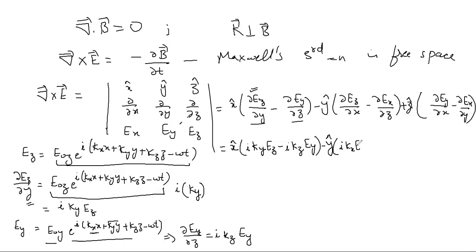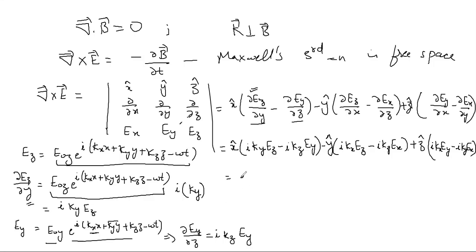Ez you are differentiating, you will get Ez as it is, and similarly here you will get iota kz and then Ex would come as it is, plus z unit vector, and then here with respect to x you are differentiating, so you will get iota kx and then you will have Ey as it is minus iota ky and then you will have Ex as it is.